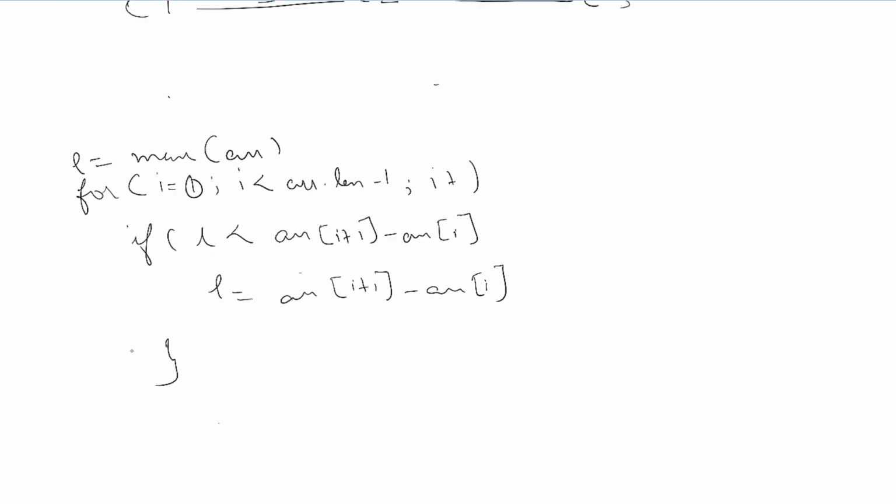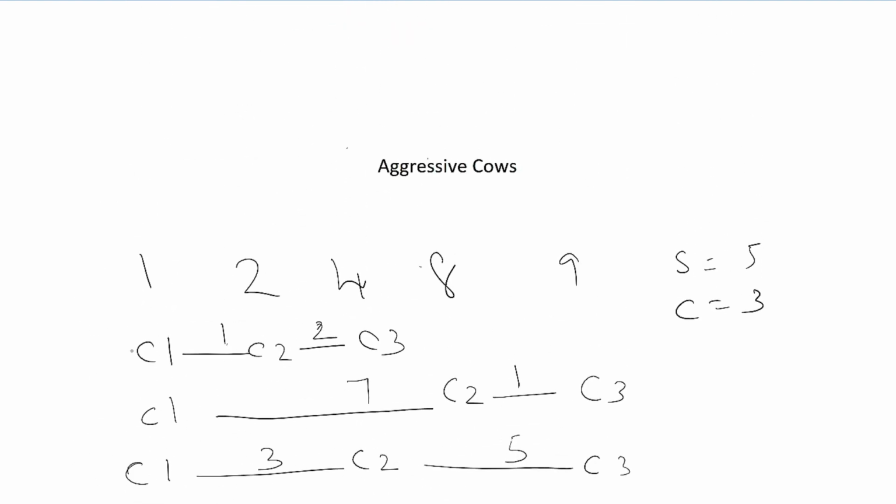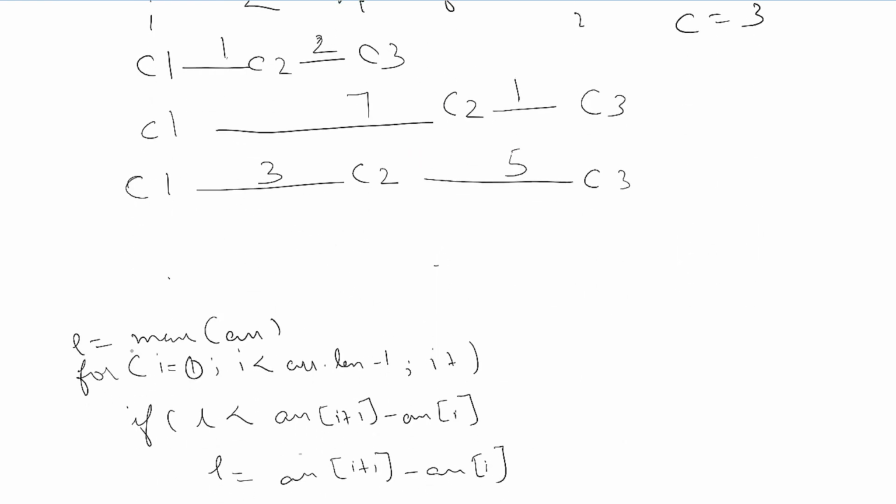Now to define our H, the maximum distance will be when there are only two cows. So the first cow will be here and the second cow will be at the end, since the array will always be sorted. If the array is not sorted, first sort the array. So the first step will be sort arr.